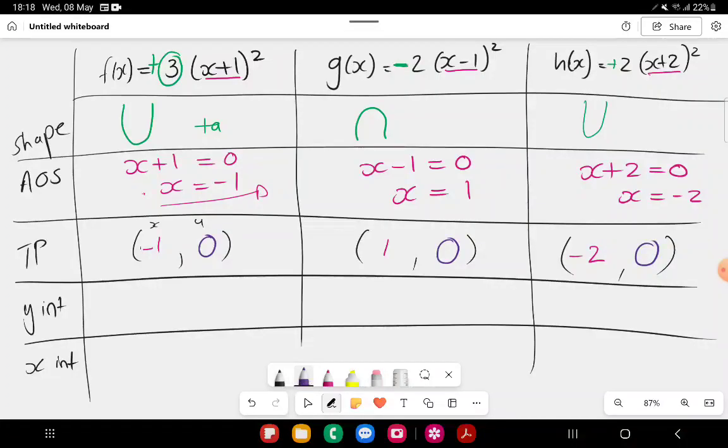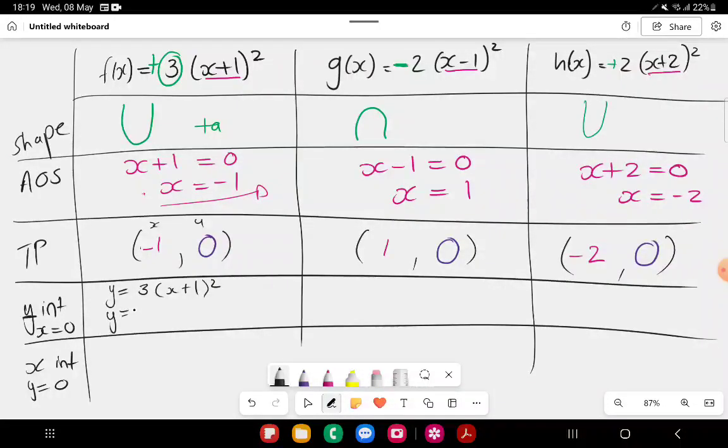Let's do intercepts quickly. When we do the intercepts, for the y-intercept, x equals 0. For the x-intercept, y equals 0. You remember this from grade 9, grade 10. The equation here says y is equal to 3(x plus 1) squared. Now we're saying x is 0.